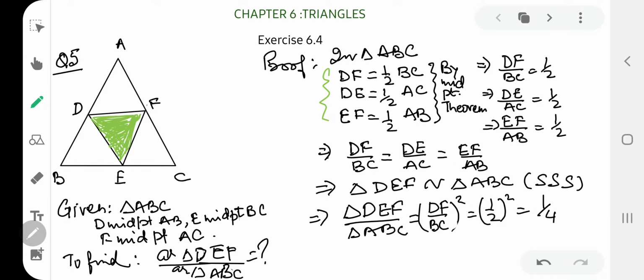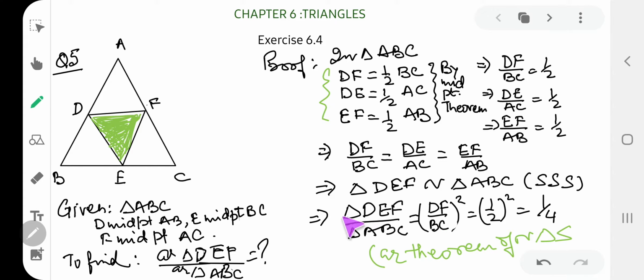And by area theorem of similarity, we know that if the triangles are similar, the ratio of their area is equal to ratio of the square of their corresponding sides.